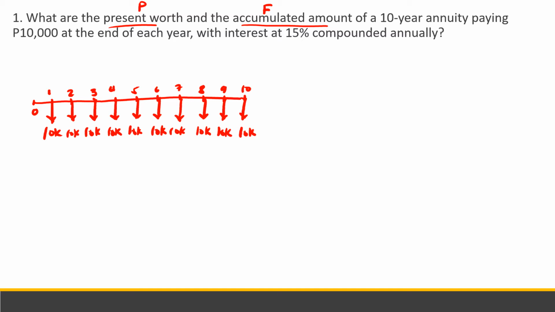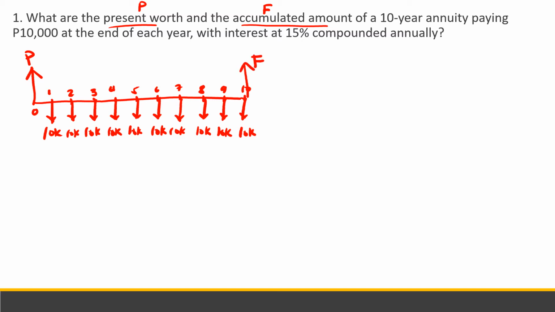First, ano daw yung present worth nung amount, so this is P, and ano yung future worth.